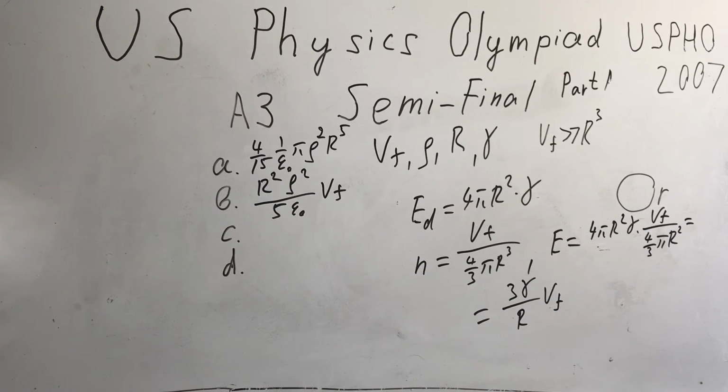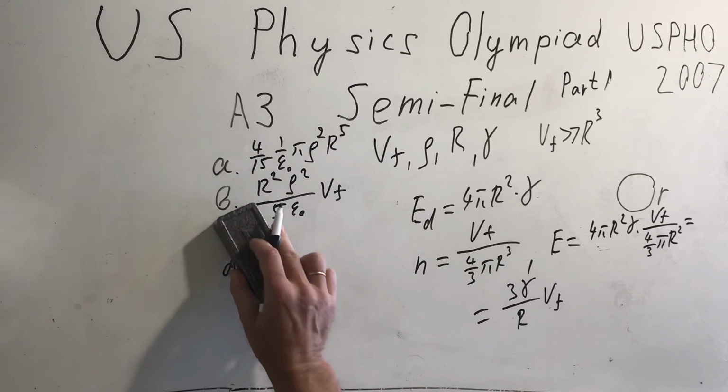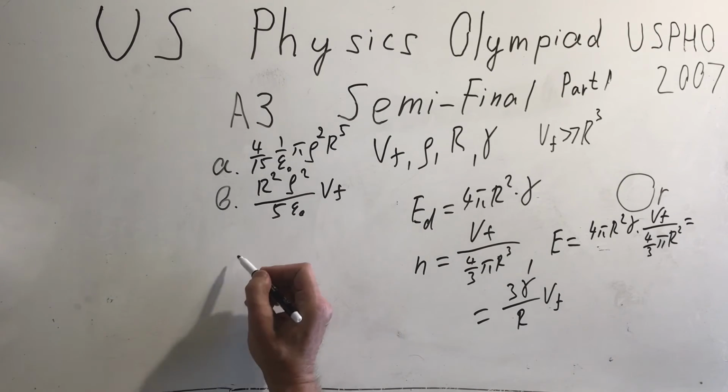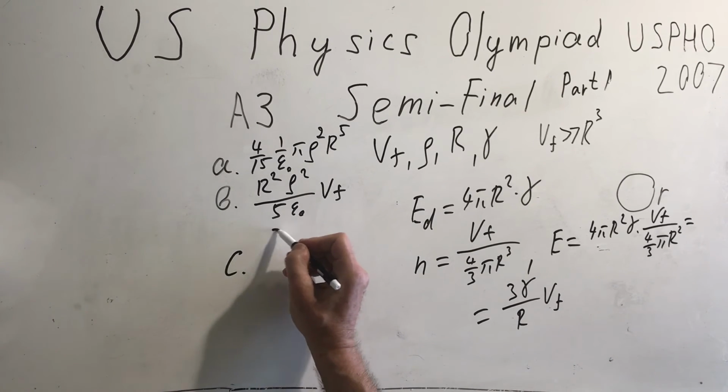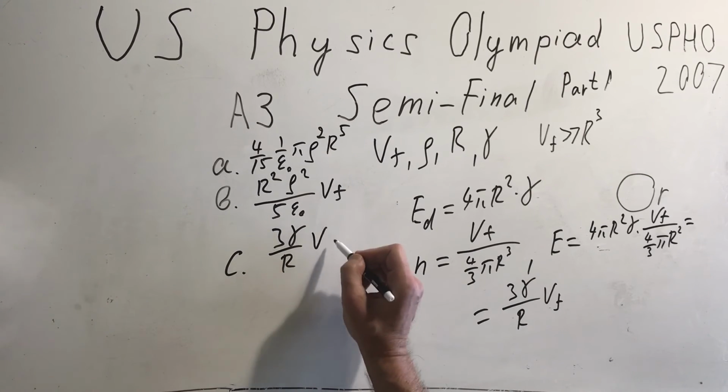So we see that the energy decreases with increasing radius of one drop. The answer for C is 3 gamma over R times V final.